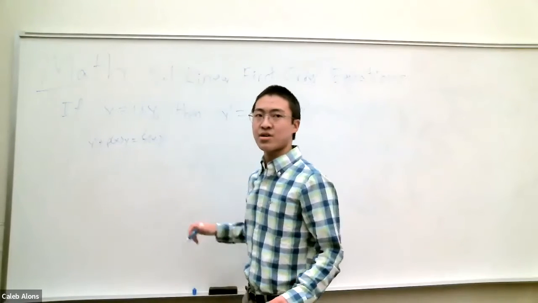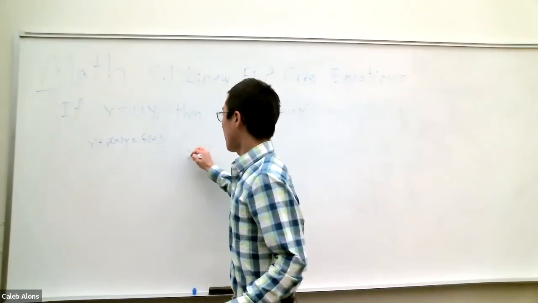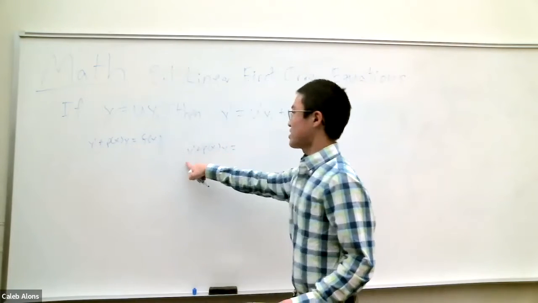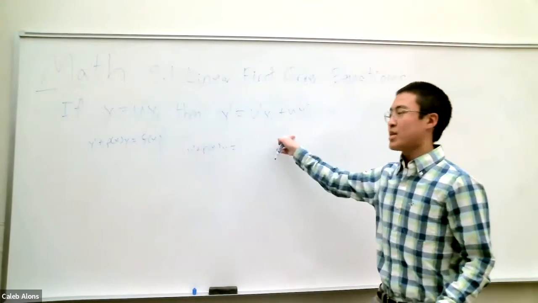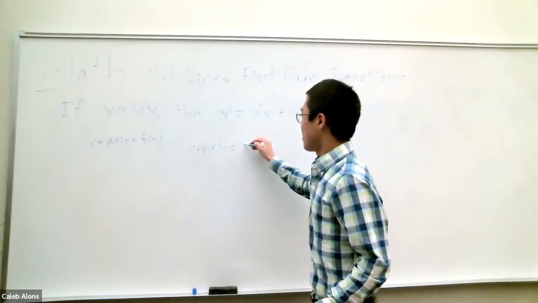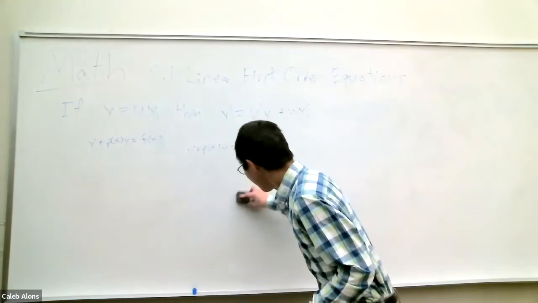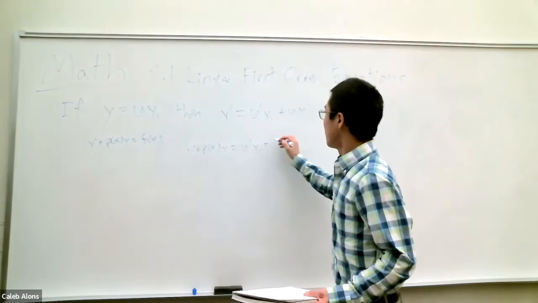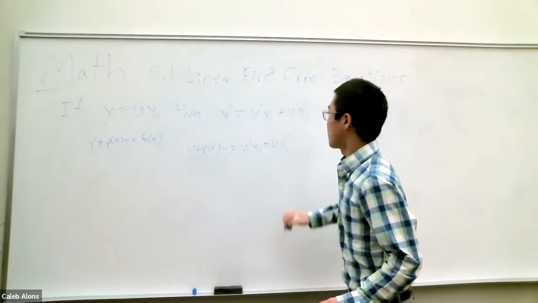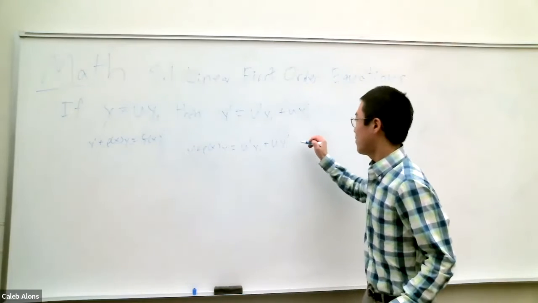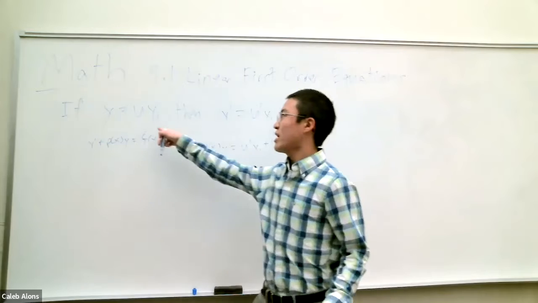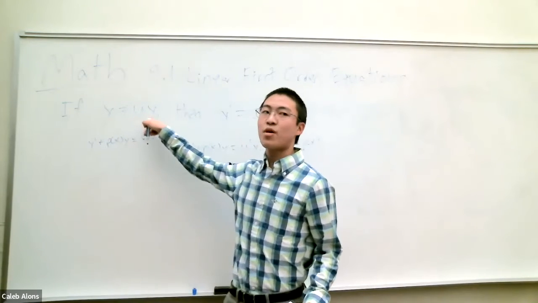What's y prime? We just computed that: u prime y1 plus u y1 prime. Now we add p of x times y, and y was u times y1.